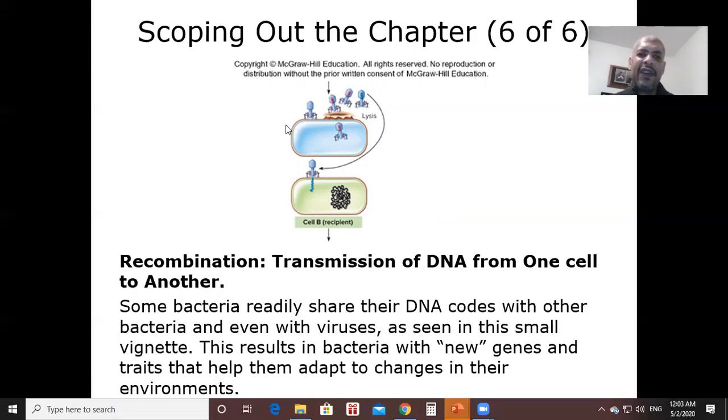So this is like saying if one bacteria had viruses in it, and it actually takes some of the RNA or DNA from this bacteria, and if it infects another bacteria, it will inject that RNA or DNA into the other bacteria.